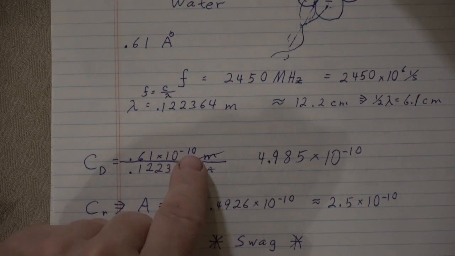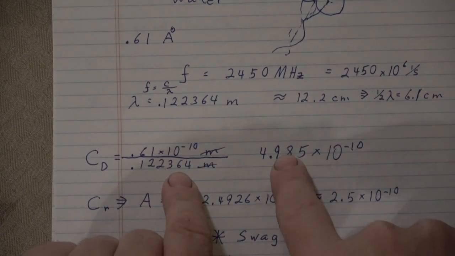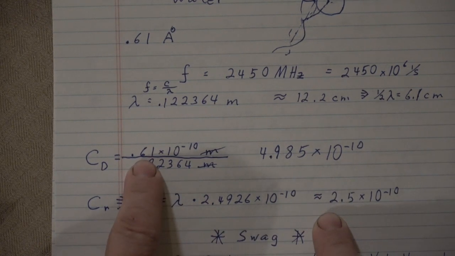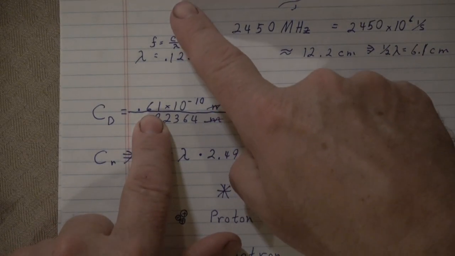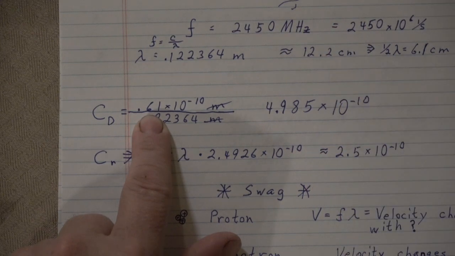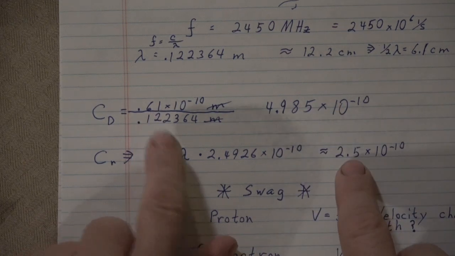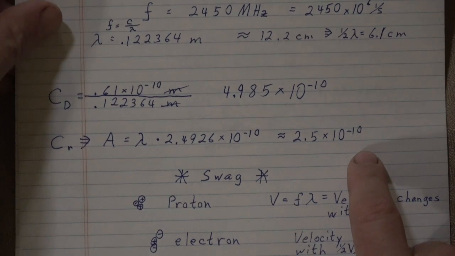So after doing this, I came up here, and this would be the diameter, take it in half, and I get the radius. And since we only have 2 significant digits in the distance of the charges on the water molecules, we can only claim 2 significant digits here, which is 2.5 times 10 to the minus 10.